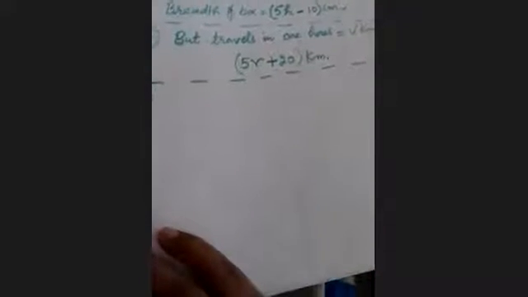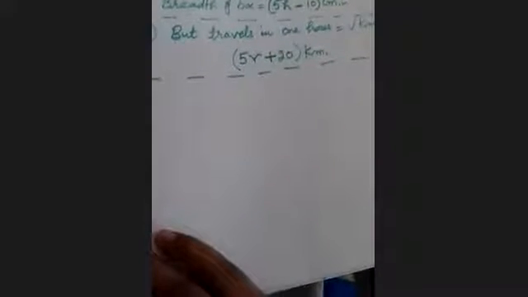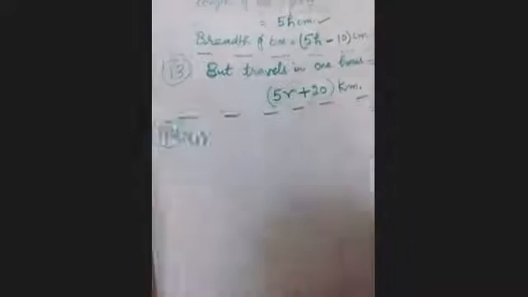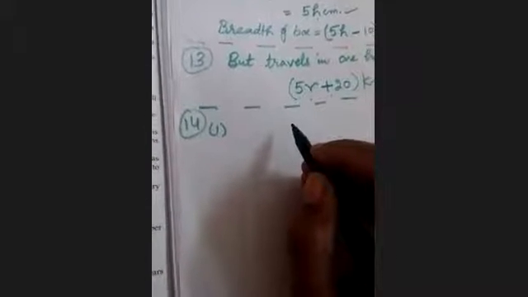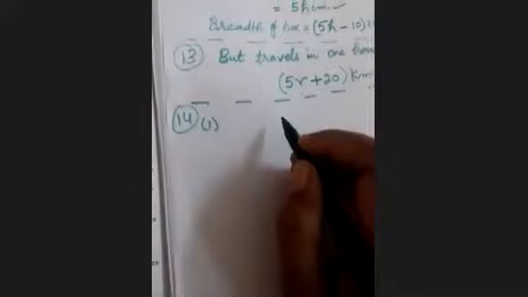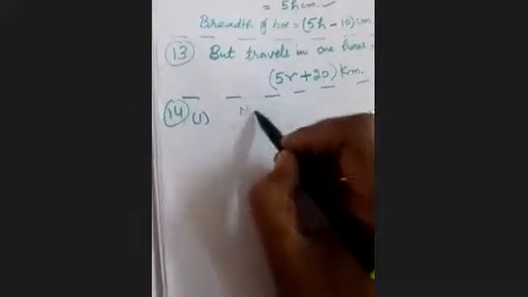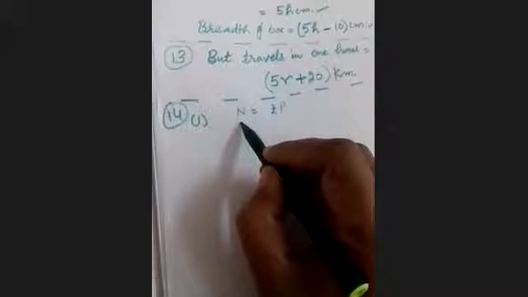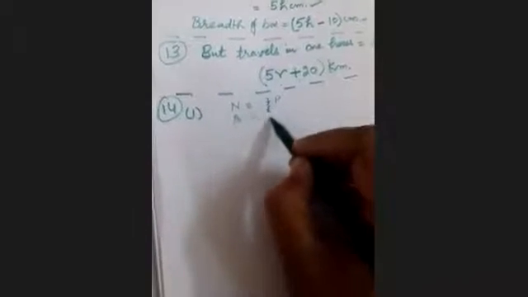The 14th question is: change the following statements using expressions into statements in ordinary language. First part: a notebook costs rupees P and a book costs 3P.